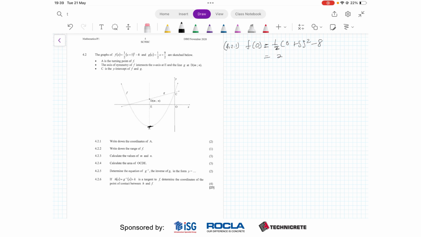This is equal to 25/2 − 8. That will be 25 minus 16.